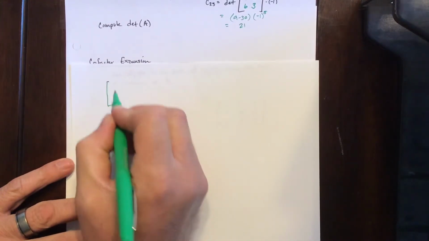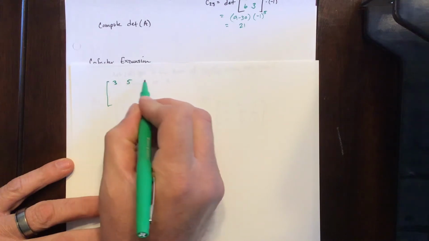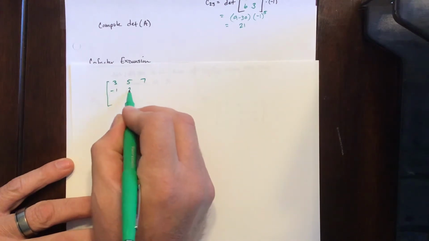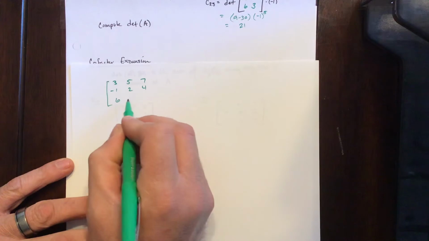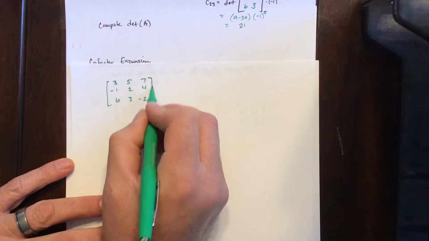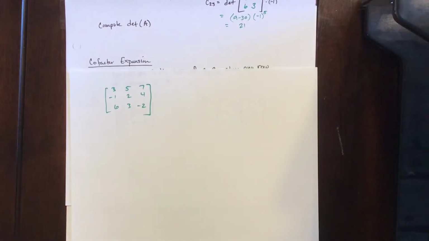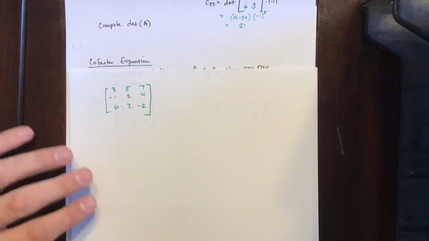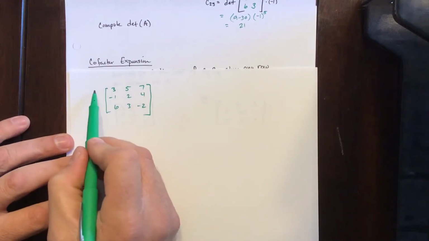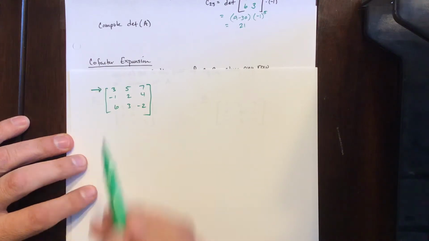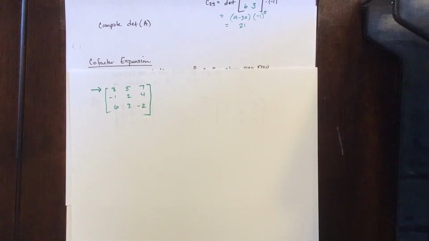The matrix 3, 5, 7, negative 1, 2, 4, 6, 3, and negative 2. Pick a row or column in which you want to expand across. Okay, here's what I mean when you expand across. Okay, I'm going to take the first row. I'm going to expand across that row.